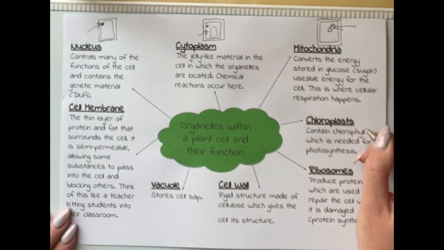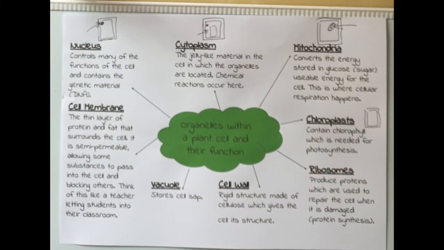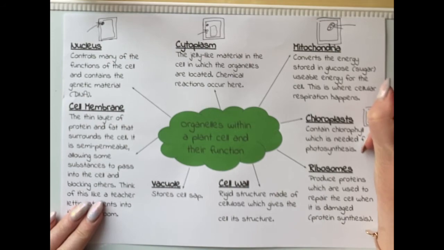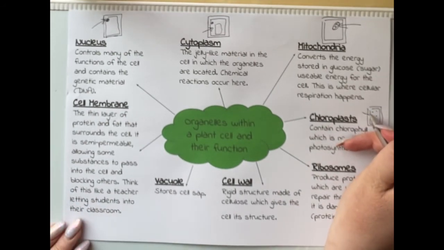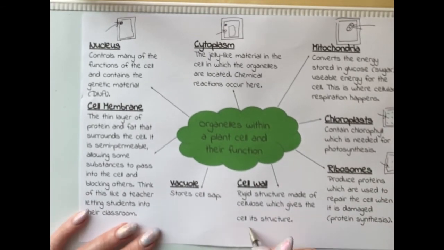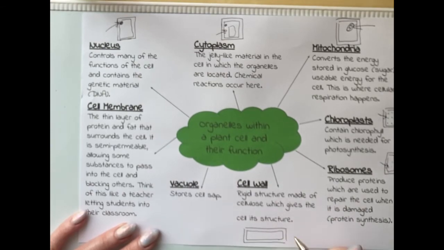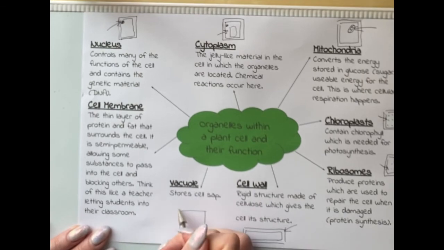The mitochondria is represented by the pea in the pod-looking structure, and that's where respiration happens. The ribosomes produce proteins, protein synthesis, and they're represented by small little shaded circles. The cell membrane is the inner layer in our plant cell, and that is semi-permeable like our bouncer.